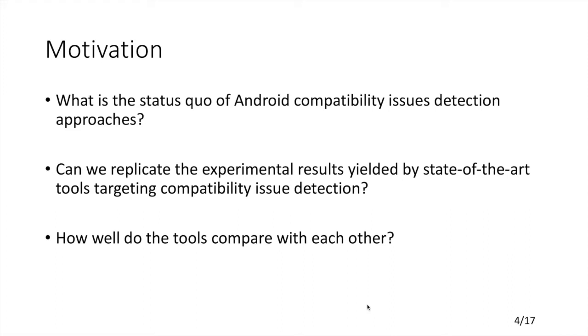However, it is still unclear what the status quo of Android app compatibility analysis is, what their strengths and weaknesses are, and to what extent they are able to identify all the possible incompatibility issues. Furthermore, it's also unknown if we could reproduce their experimental results and how well the state-of-the-art tools compare with each other in terms of detecting compatibility issues.